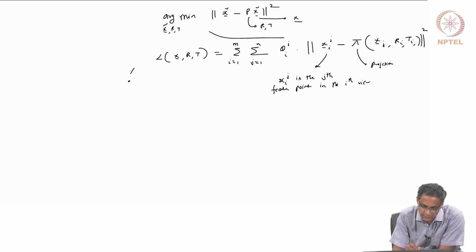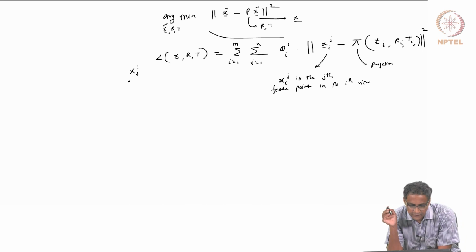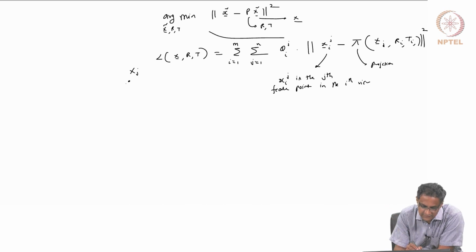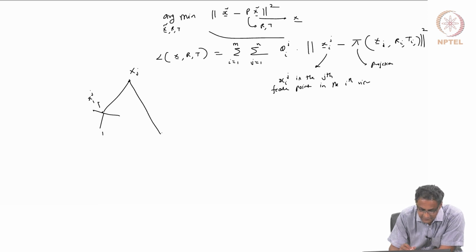So you have some coordinate like xj, and then what you are saying is this has a correspondence, in the sense that we know that xj maps to some point in the ith view. Let's say in the first view, i is 1, so I'll call this x1j.